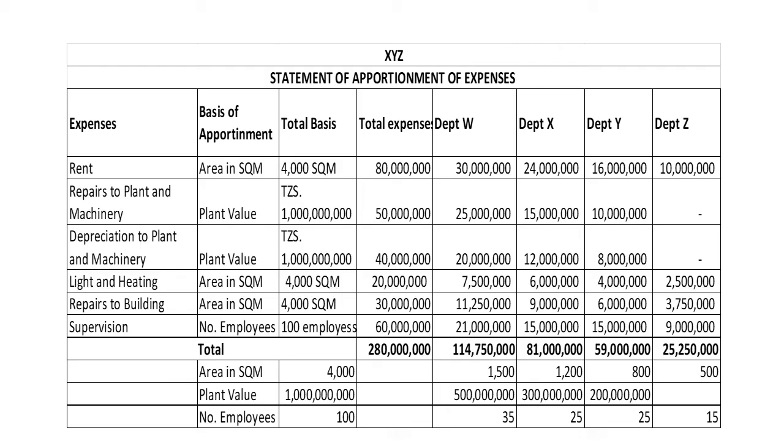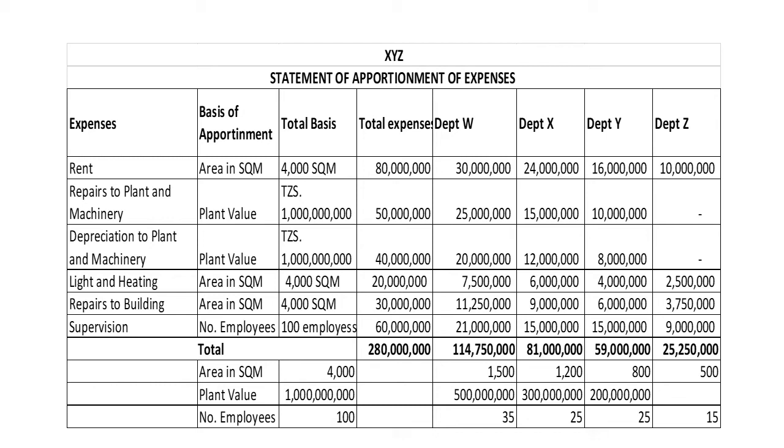To distribute that, we take the area occupied by department W, which is 1,500 out of 4,000 times 80 million, so department W gets its share of 30 million. Department X takes 1,200 over 4,000 times 80 million, so we get 24 million. We will do it for departments Y and Z.